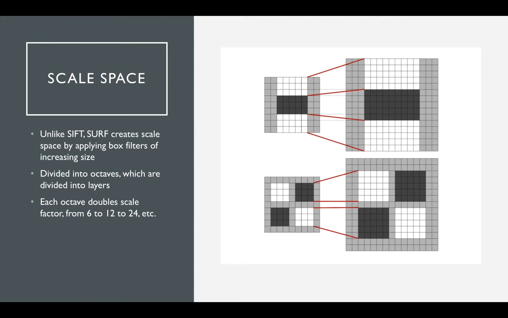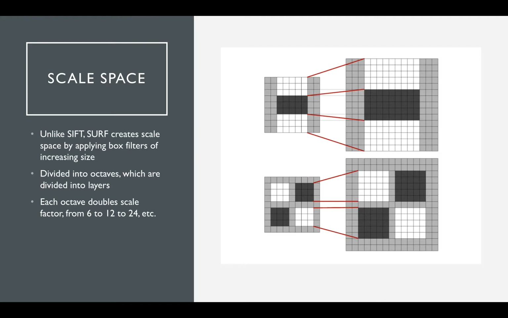As you remember, we could apply box filters with comparatively minimal processing time, so it makes sense that we'd want to continue to apply them. And then the resulting layers, we'll call them Hessian matrices, though they're not actually Hessian matrices, we can then use a difference of Hessians approach, which we'll get into, to determine the best response.